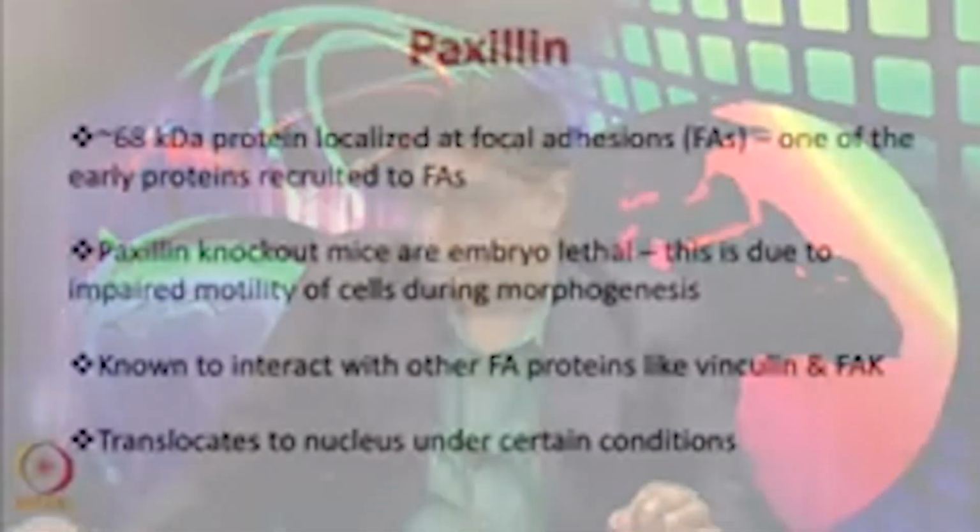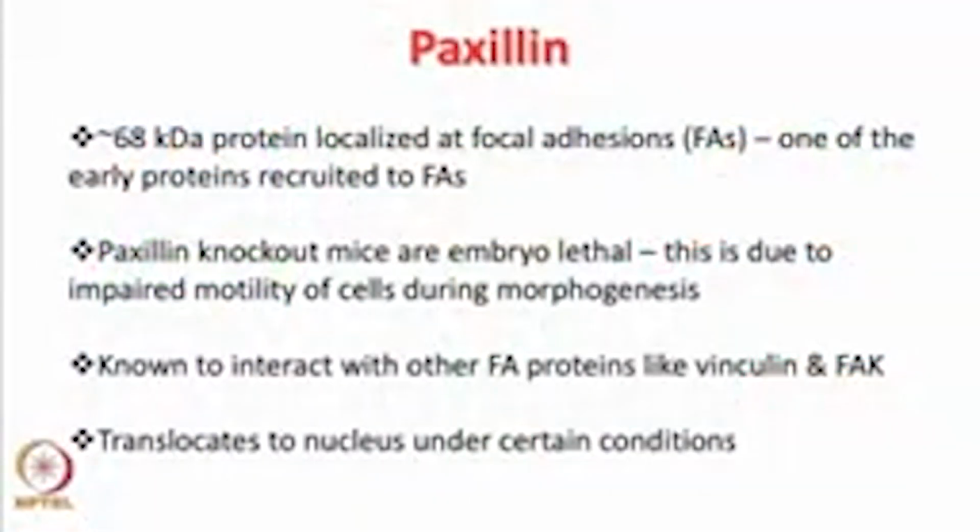So, apart from vinculin and talin, there is another very critical focal adhesion protein called paxillin. Again it is localized at focal adhesions, one of the earlier proteins to be recruited to focal adhesions, and what has been observed is when you knock out paxillin in mice, the mice die.